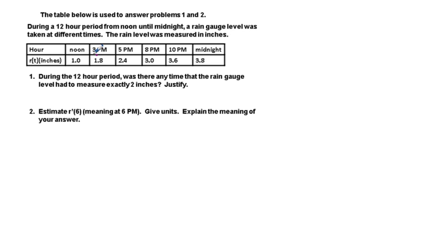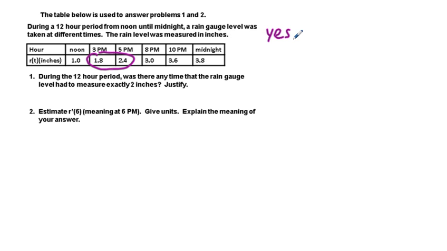Well, if we go ahead and look here between 3 p.m. and 5 p.m., we see that 2 has to reside within that interval, since we have 1.8 here at 3 p.m. and 2.4 inches here at 5 p.m. So the answer is yes.